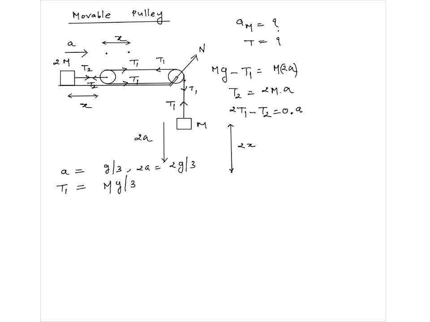T1 and T2 are at 90 degrees. So what is their resultant? Root of T1 square plus T2 square, root 2 T. And what will be the direction?